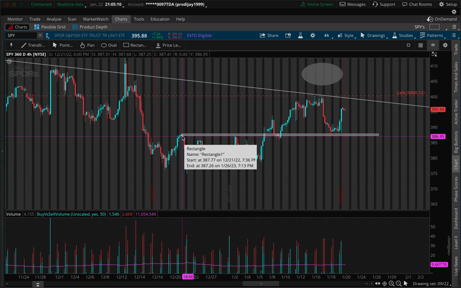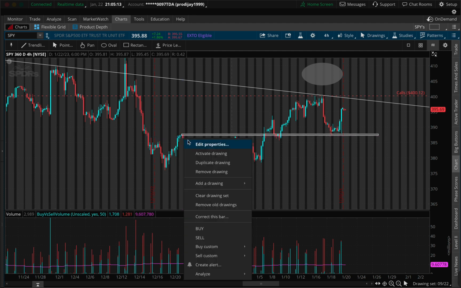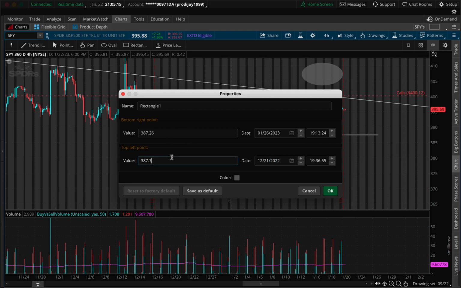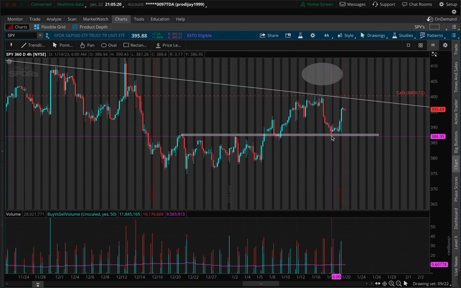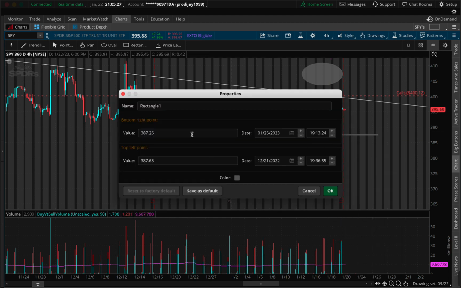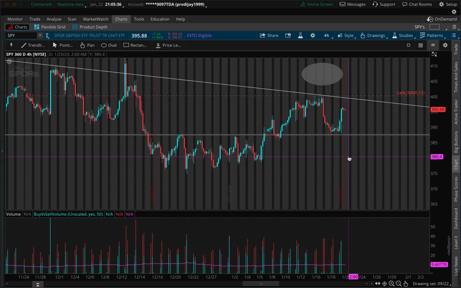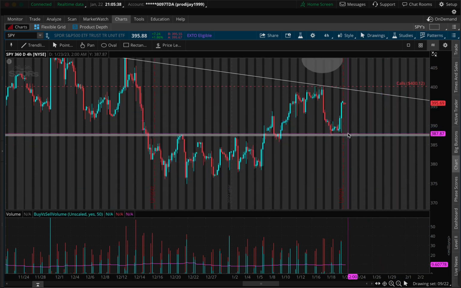So just to get it perfectly set, type that in, 387.26, which is perfectly set. All right, boom. So that's where I plan on taking puts. I plan on taking puts below the break of this low.